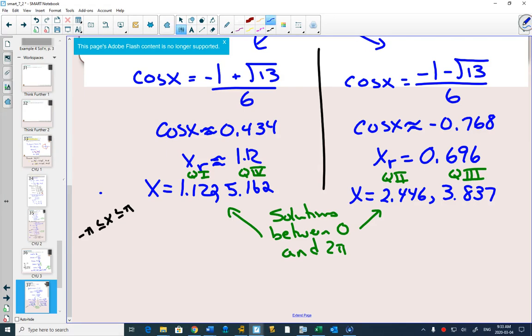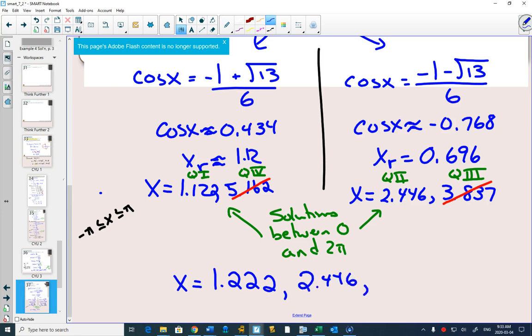So if I'm going from negative pi to pi, which of these answers do I have to take out? Quadrant 3 and quadrant 4, because they're too far. So this one and this one are going to be taken out. For my final solutions for x, I can keep the quadrant 1, I can keep the quadrant 2.